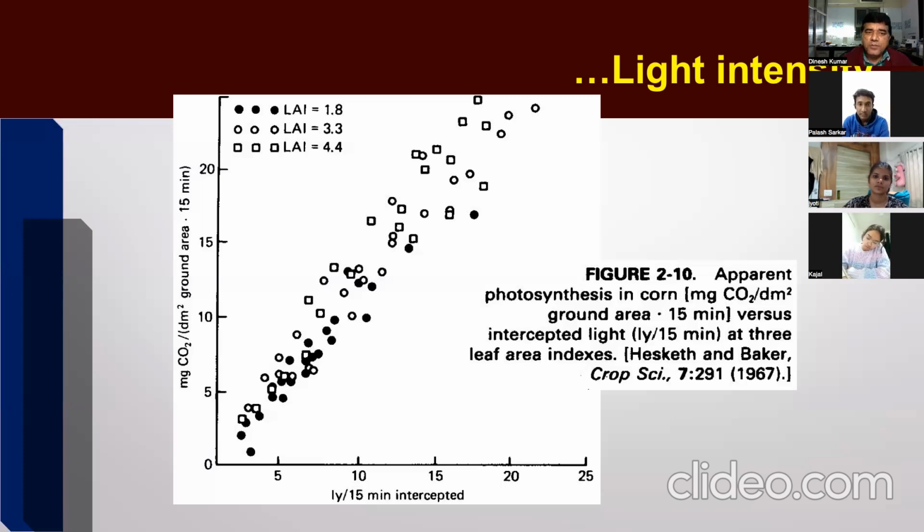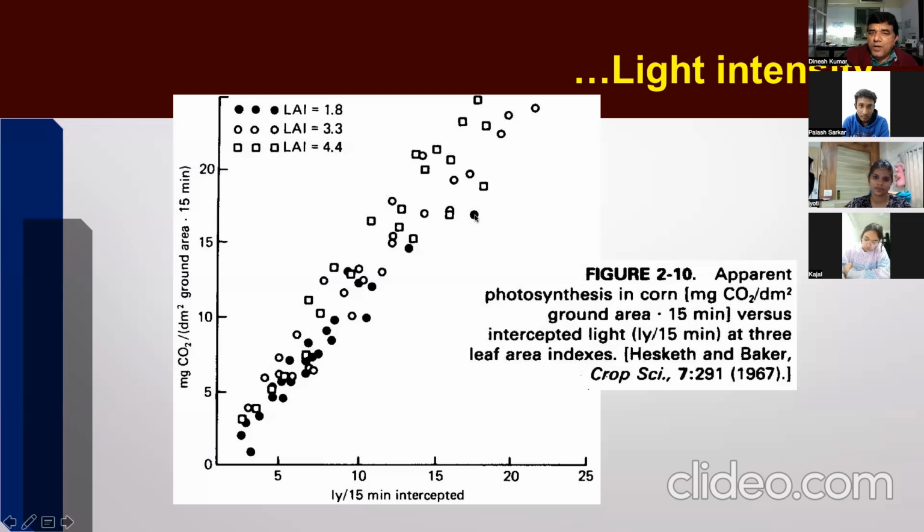So in this case, you can see in all the 3 leaf area indices, 1.8 meaning less, medium, and more, the photosynthesis rate is increasing, but it is lower when you have less leaf area index.